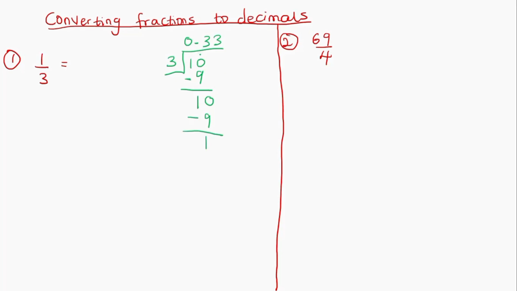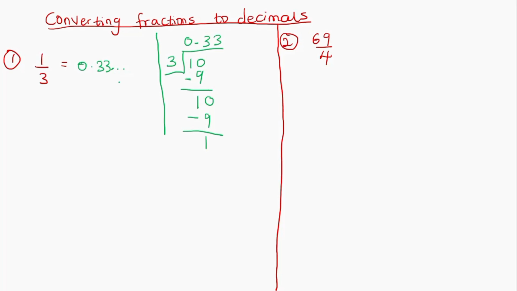Now, this type of fraction is a recurring decimal, whereby no matter how much you divide this, you are going to have a recurring figure, which is 0.3333 to infinity. So the answer to this particular question is 0.33. Now at the end of it all, always make sure you put in 3 dots, 1, 2, and 3.